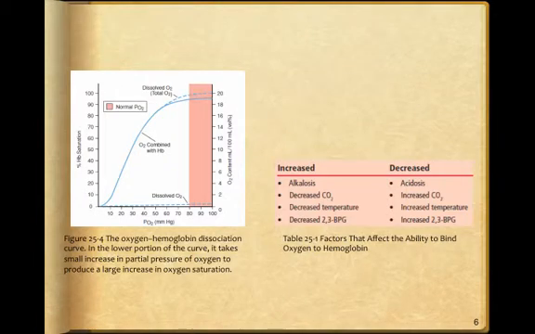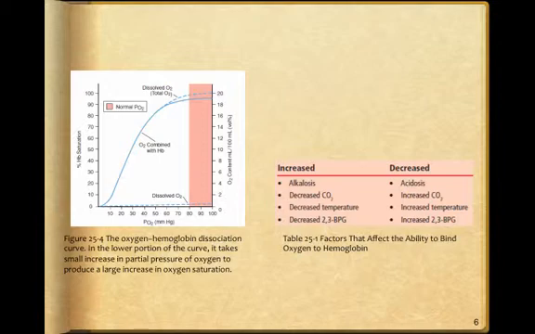If you're alkalotic, alkalosis itself would increase your ability to bind. Also decreased CO2, decreased temperature, and decreased 2,3-BPG.